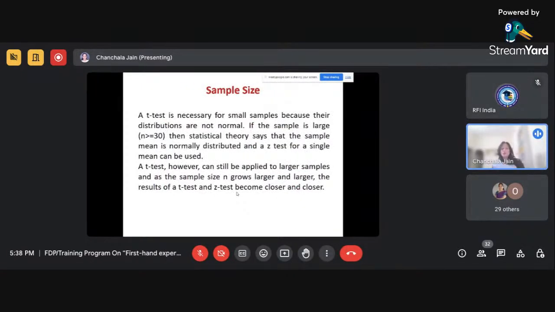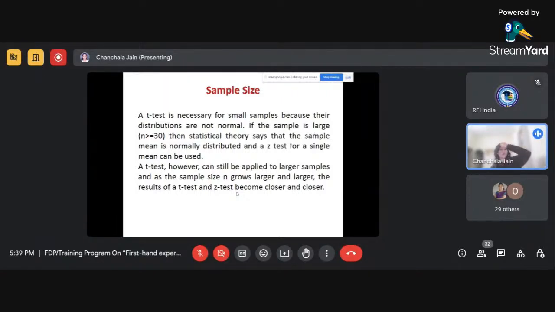Moving on to the next slide and talking about the sample size, those who know research methodology or have studied statistics know this generally. When we are going for the t-test, it is written in the books that when the sample size is less than 30, we should apply the t-test, and when the sample size is greater than 30, we go for the z-test.